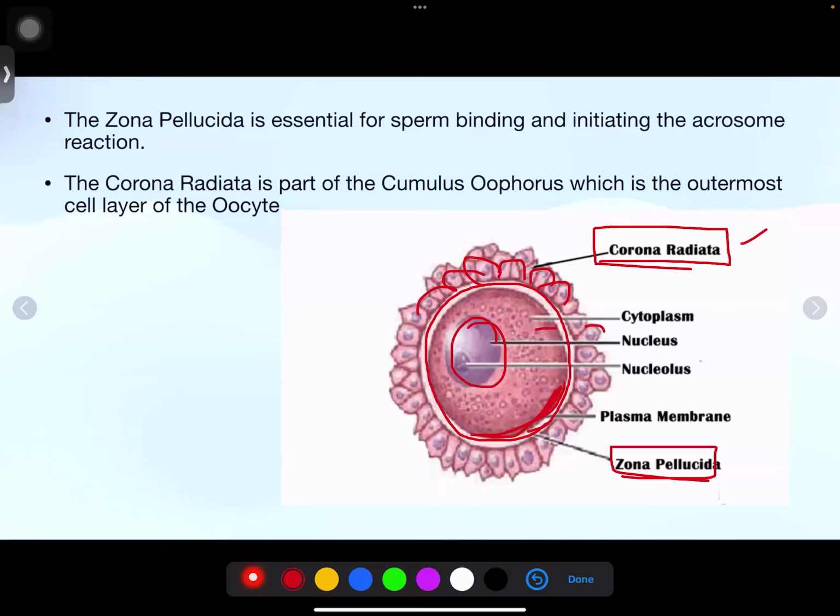These two layers are very important. The zona pellucida is important for the sperm to bind and initiate the acrosome reaction. The corona radiata is part of the cumulus oophorus, which is the outermost cell layer of the oocyte, the cellular layer.